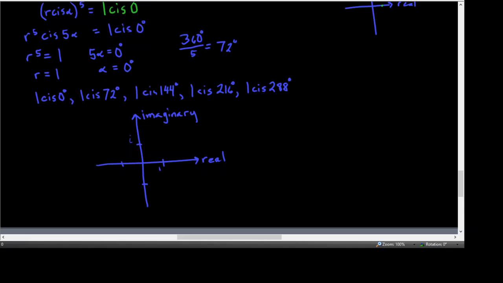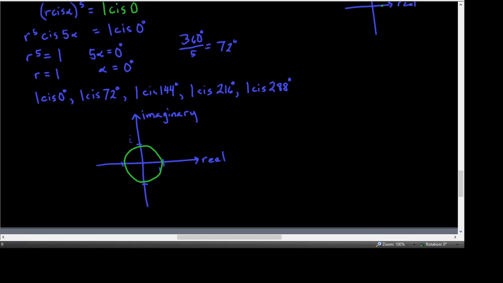And so if we graph this set of answers, let me draw the circle of radius 1. Well, that doesn't look very circular. Sorry. Pretend like it's wonderful.